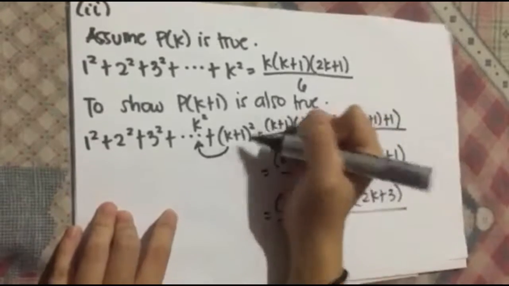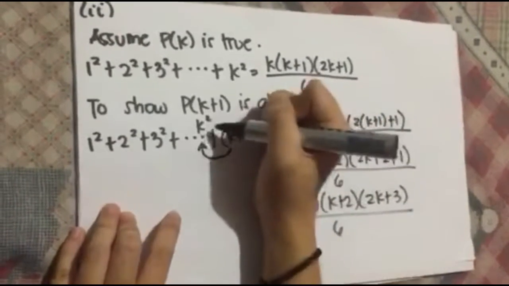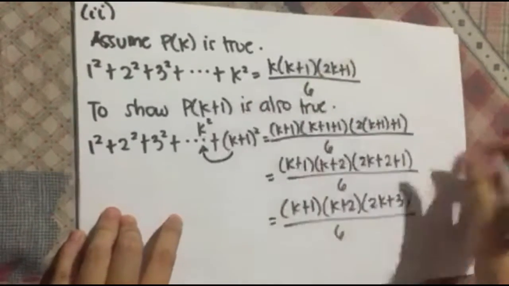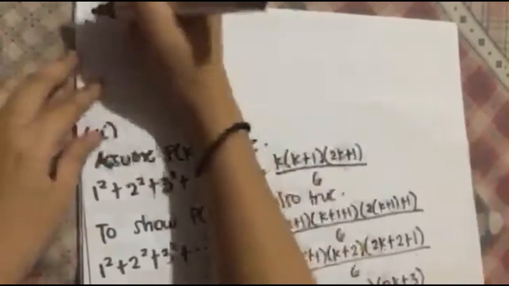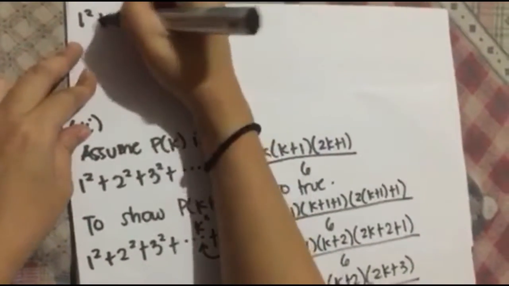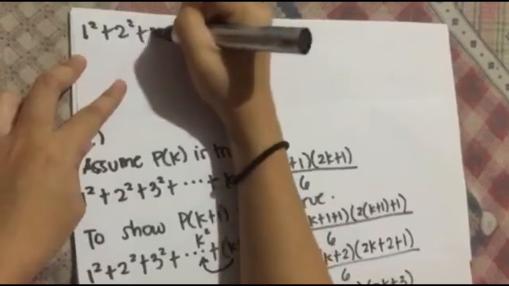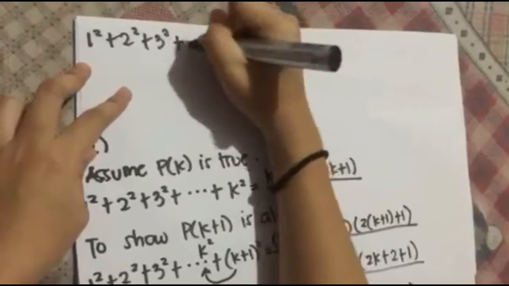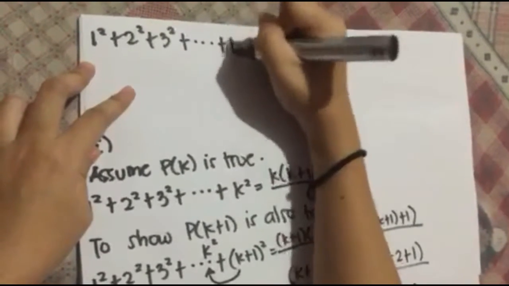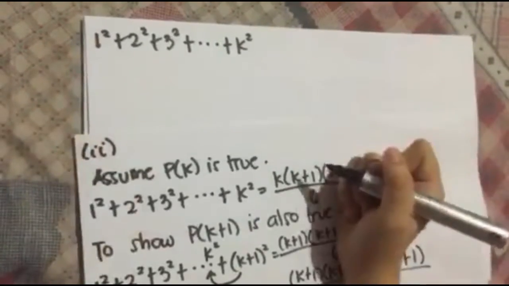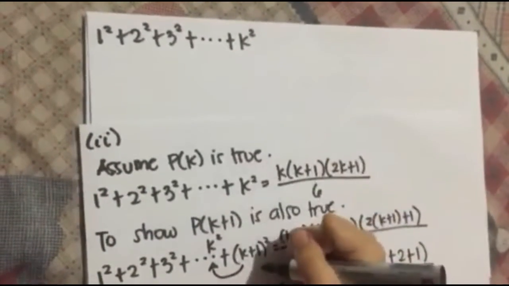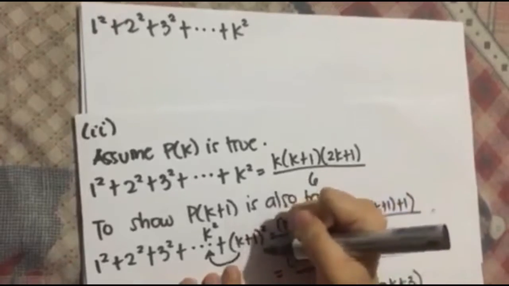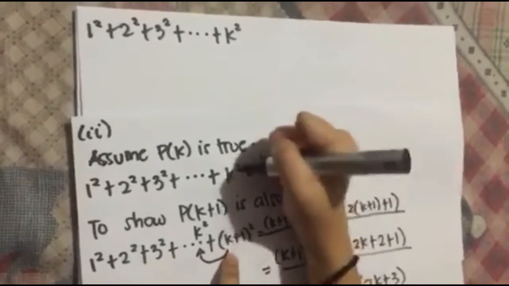Take note that before k plus 1 squared, there is a term k squared. So 1 squared plus 2 squared plus 3 squared plus dot dot dot plus k squared. As I've said, we need this to become like this, so we just need to add k plus 1 squared here.